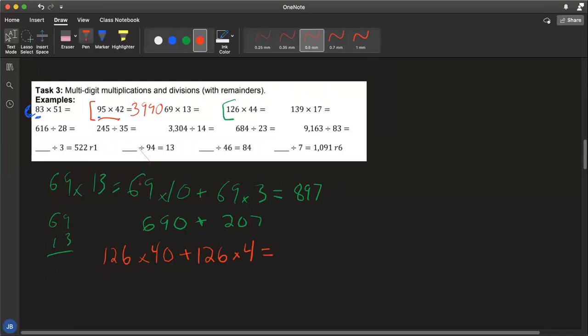That works perfectly. Here, we can walk through it, right? 126 times 40. 0 times all that is 0. So we drop our 0 down. 6 times 4 is 24. 4 times 2 is 8, plus 2 is 10. So we should have 126 times 40 should be 5040.